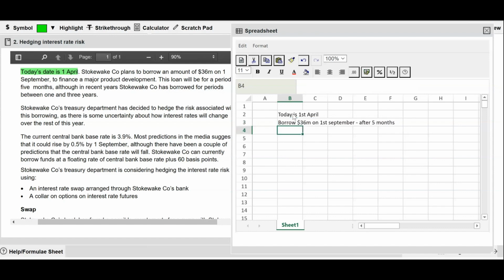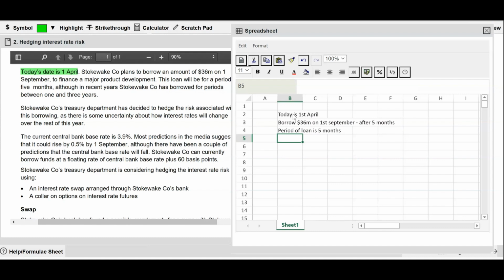Further, the period of loan is 5 months.